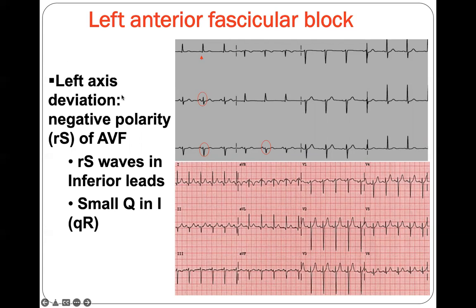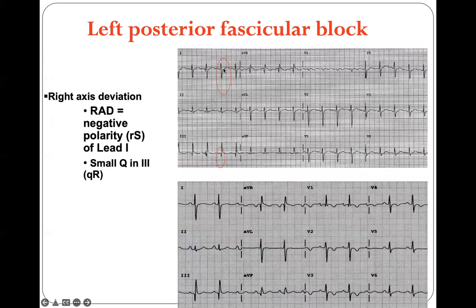But if you find negative waves in lateral leads, lead 1 and AVL, like this deep S in 1 and AVL, this denotes the presence of left posterior fascicular block.